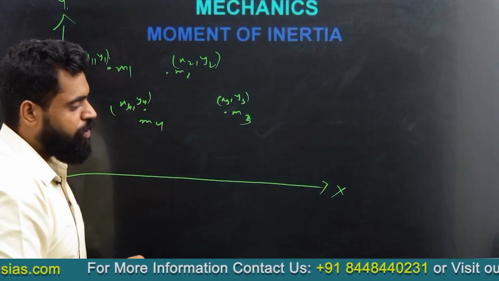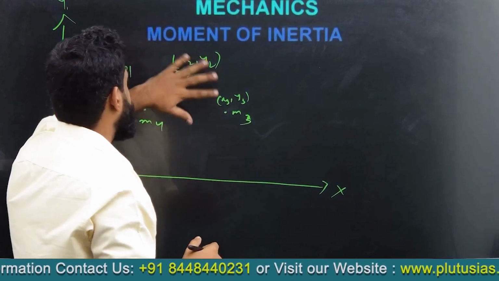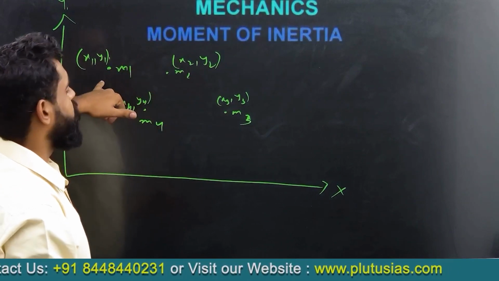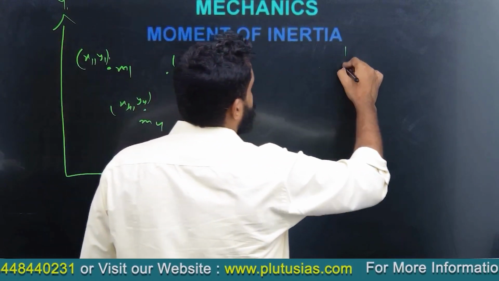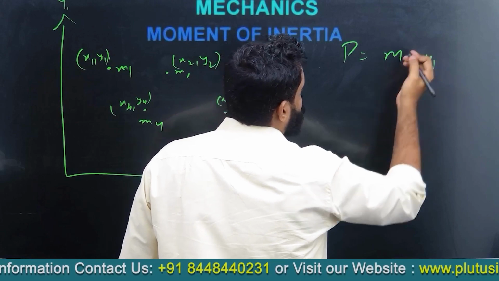Then the product of inertia of a single element, suppose only m1 is there, would be P equals m1 x1 y1.